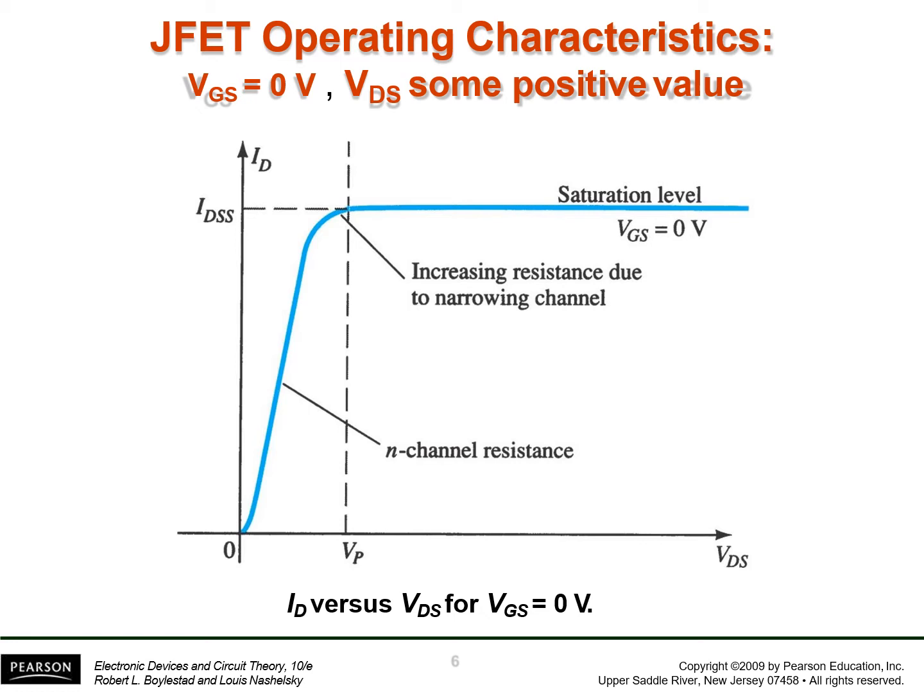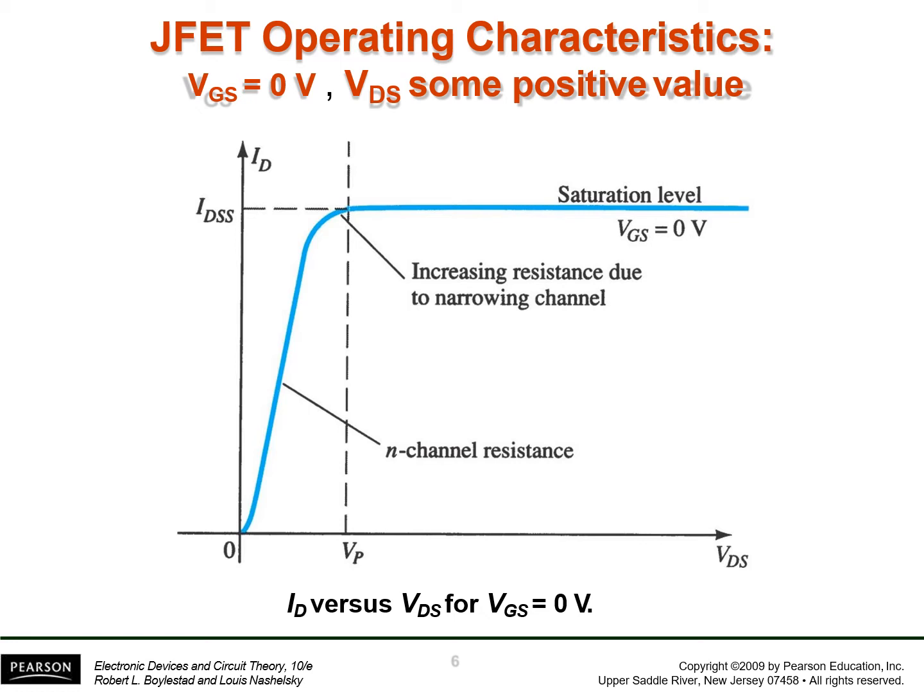That particular saturation level of current is called IDSS, and that is a very important characteristic of a JFET. And the other important characteristic of the JFET is VP, or the pinch off voltage. But what pinch off voltage we would be using in JFETs would come in further slides.